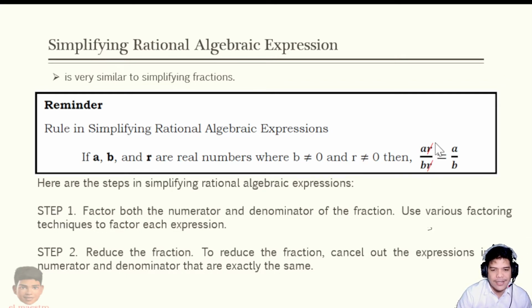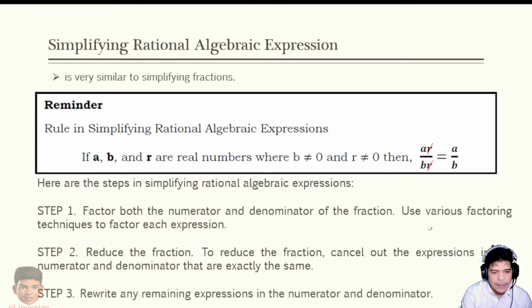Kaya na-cancel out sila. Okay? Yun yung step number 2. So, we canceled out or i-divide natin. Okay? Mas known siya as canceling out. Okay? So actually that is just equal to 1. Okay? So that's the second step.